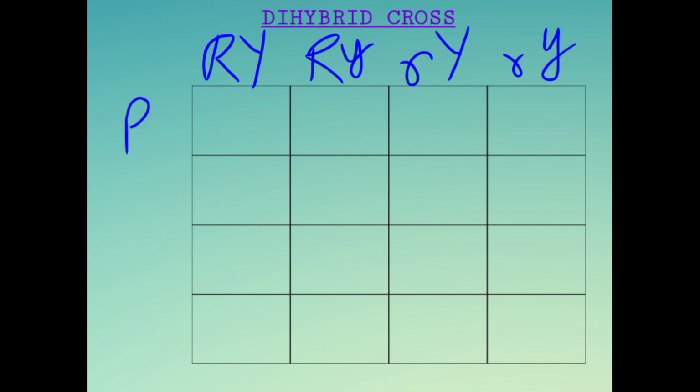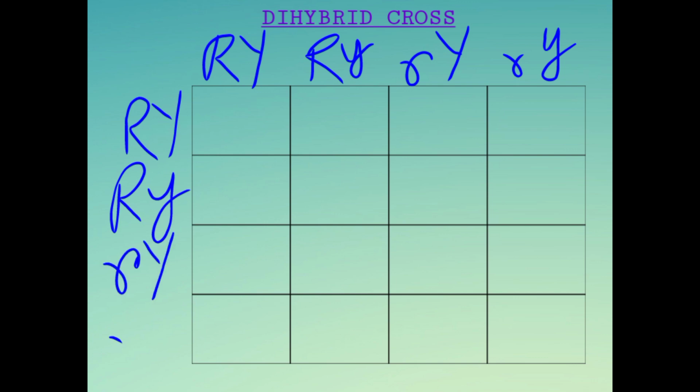Again the same thing will be repeating here: capital R capital Y, capital R small y, small r capital Y, small r small y. Again, this side is the male, this side is the female. You can take any of the things, we have just taken this one. Now if we do the Punnett square, what are we going to get?